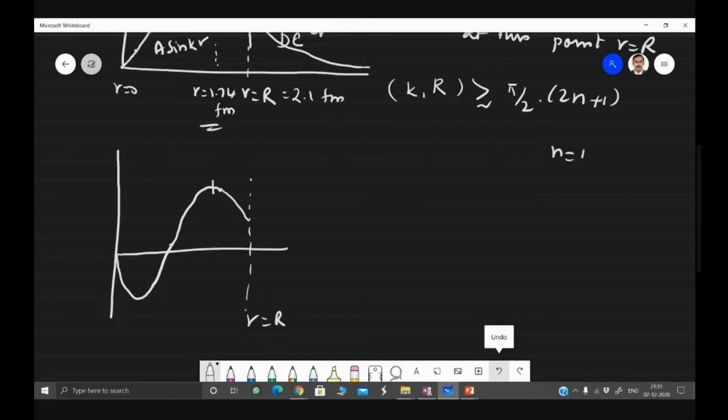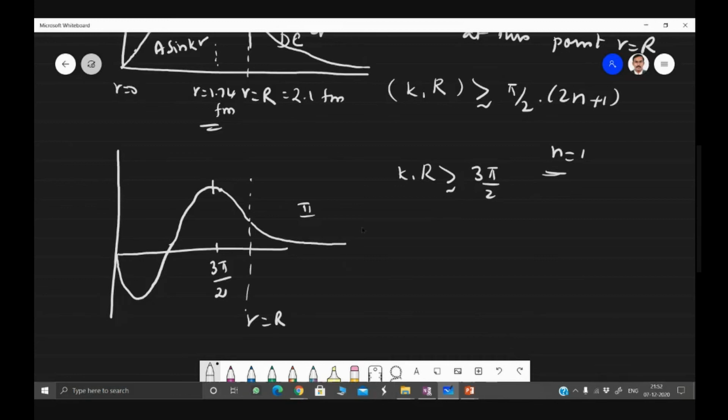It will decrease, and it will have an exponentially decreasing function in region 2. So this is for n equal to 1. We have the condition that k1 R should be greater than or equal to 3 pi by 2, so at the boundary it will be slightly larger than 3 pi by 2.